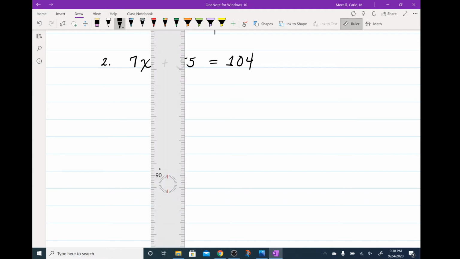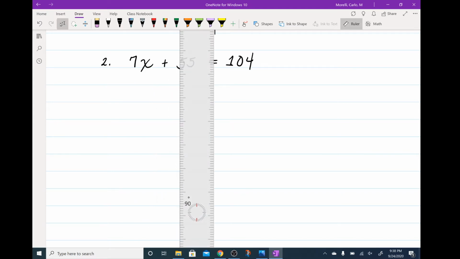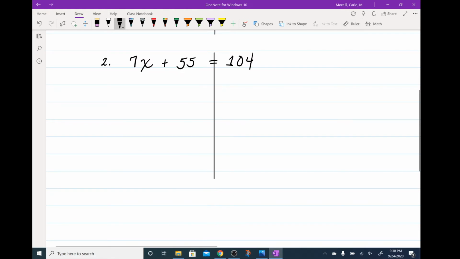Okay, so first things first, let's get that ruler out and draw us a vertical line just to keep things in order. All right, so your eyes should instantly be drawn to this plus 55 because that's the first thing we need to get rid of, right? Ultimately, we want the x by itself, so we have to get rid of the 7, but we can't do either of those two things before we get rid of the 55.